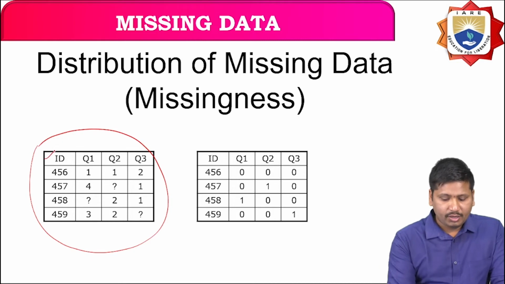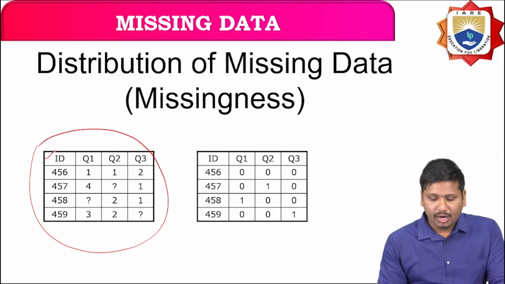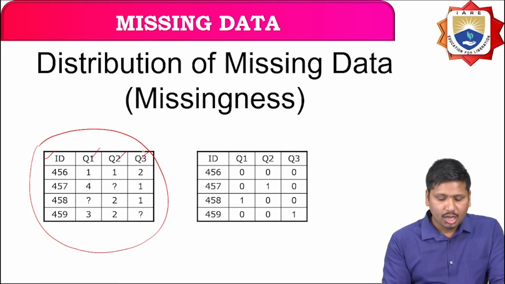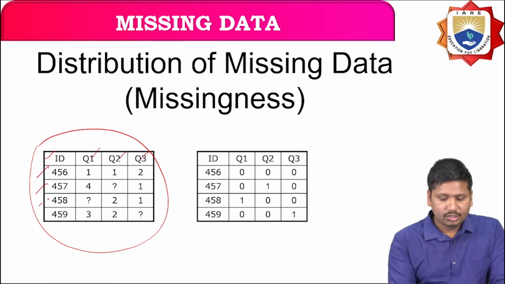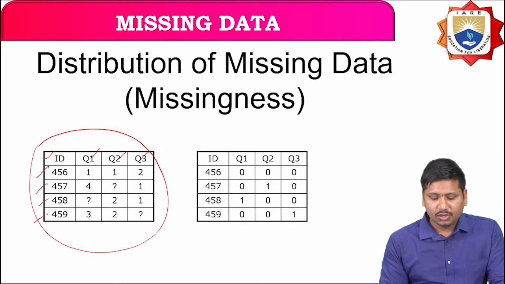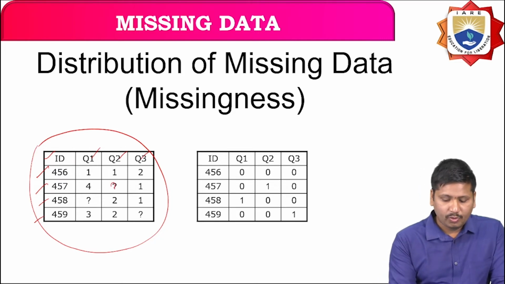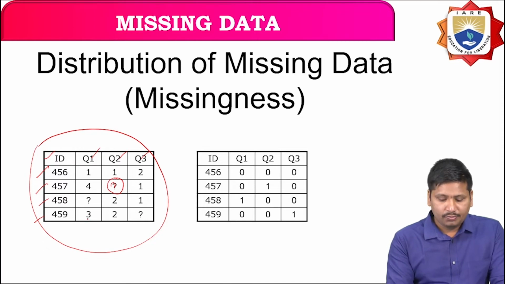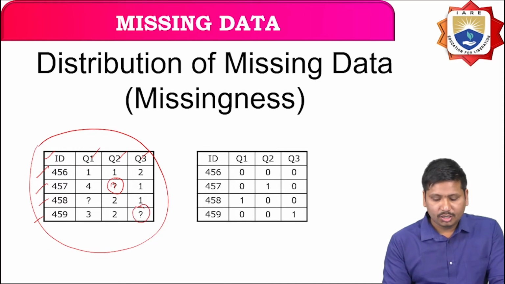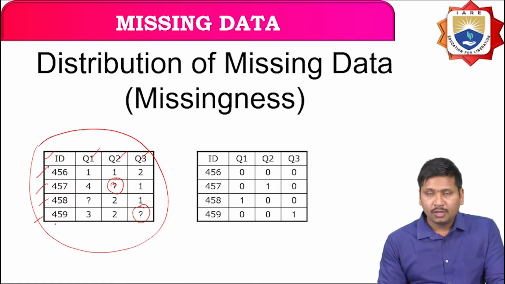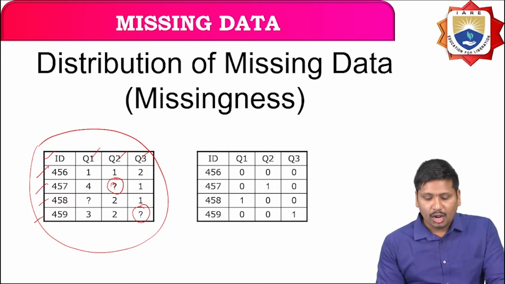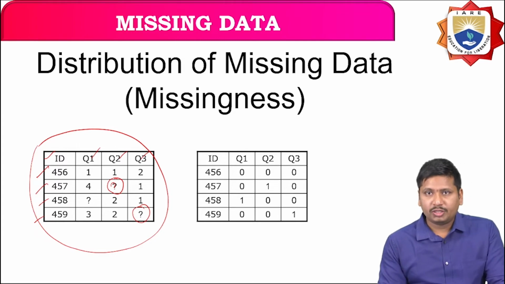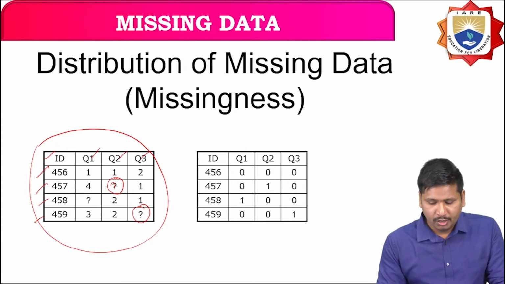Here I have a table with ID as rows and columns Q1, Q2, and Q3, with ID numbers 456, 457, 458, 459. Here I get a missing value for 457 in the Q2 column, and here also I get missing data in Q3 for ID 459. Then how can I identify whether this is item nonresponse or unit nonresponse?